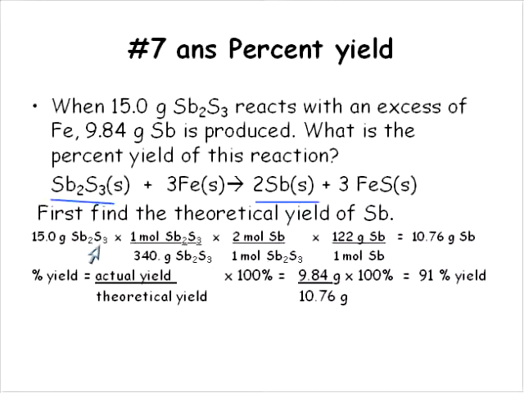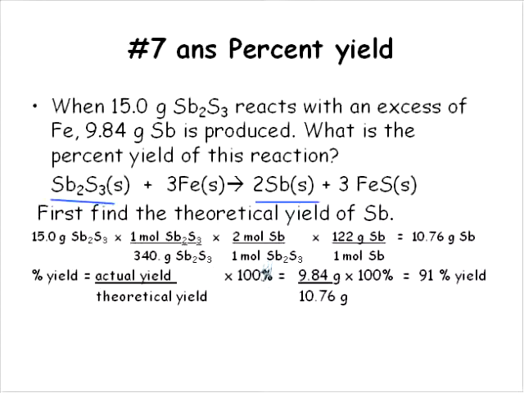We have to determine the molar mass: 2 times the mass of antimony plus 3 times the mass of sulfur, antimony sulfide, and that would be 340 grams. We have only 15 grams, so 15 times 1 over 340. Here's our mole ratio: for every 2 moles of antimony produced, we need 1 mole of antimony sulfide.